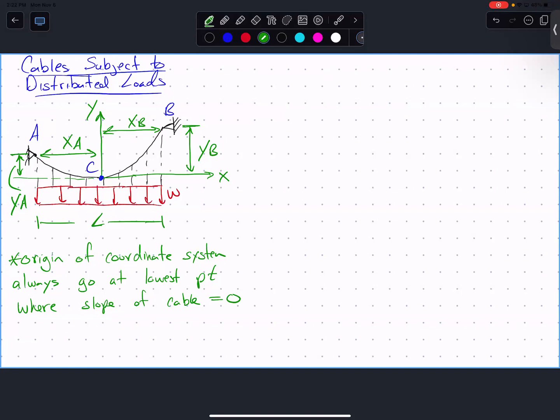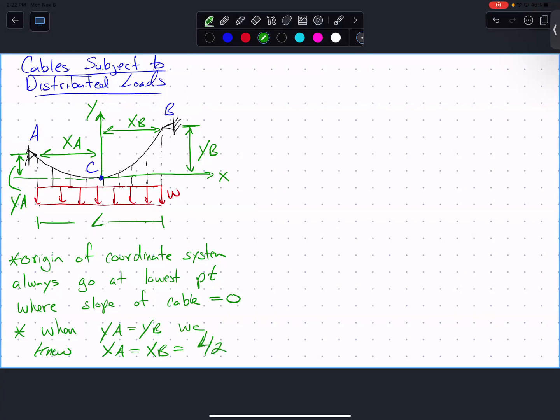And then also, like I mentioned before, when the supports are at the same elevation, when YA is equal to YB, we know that XA is equal to XB is equal to L over 2.